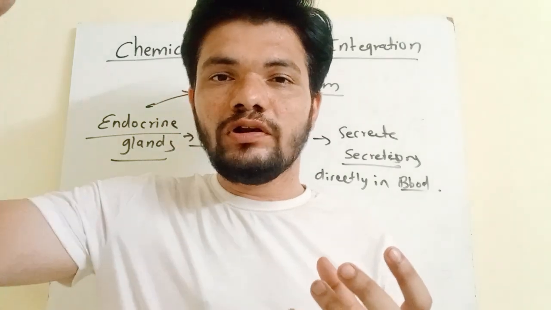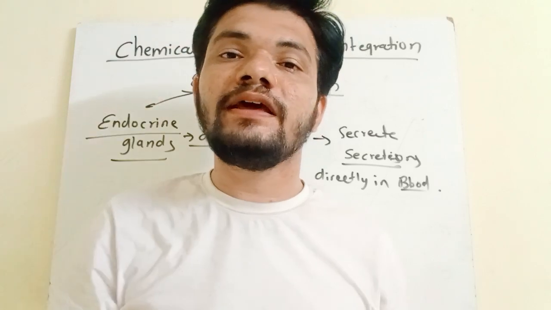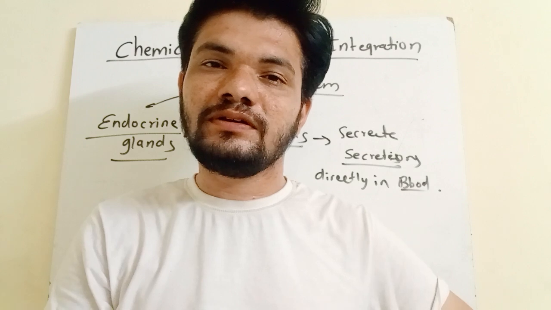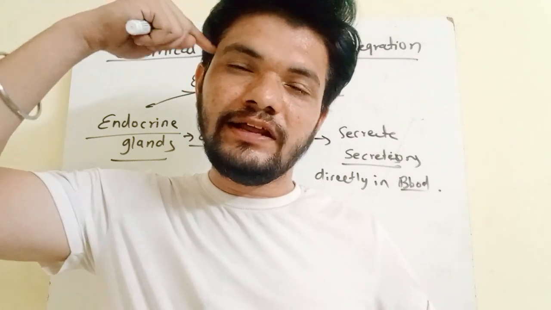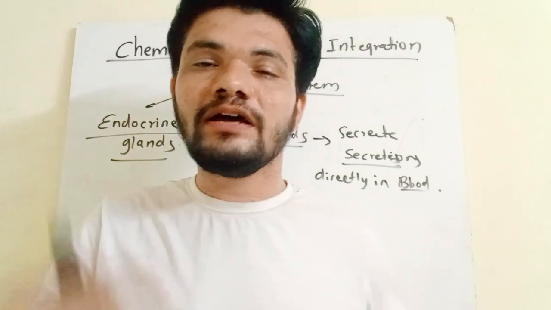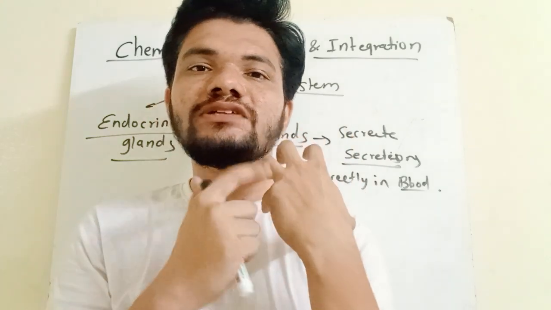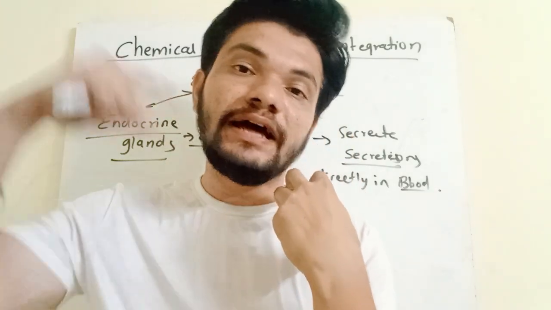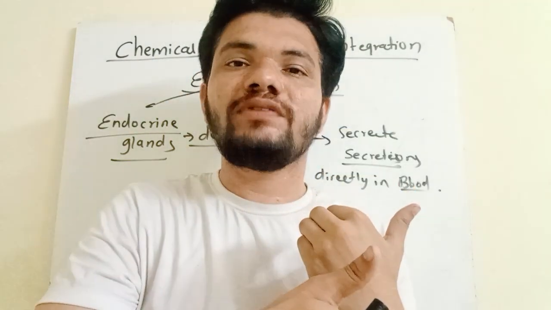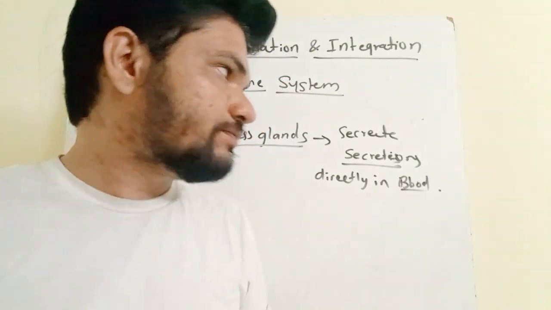So FSH, the follicle stimulating hormone secreted by your pituitary gland, affects your ovary. So the ovary is the targeted location. But from the pituitary gland to the ovaries, the transportation of this FSH is done by blood. Because the ovaries have the essential receptors for that hormone FSH, only the ovary will be affected, not other organs. This is how hormones work.